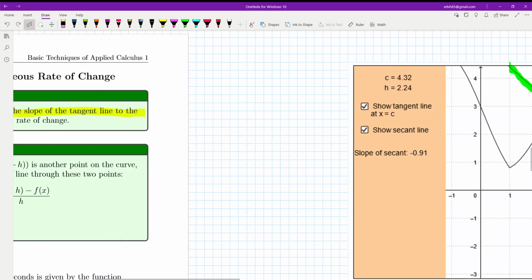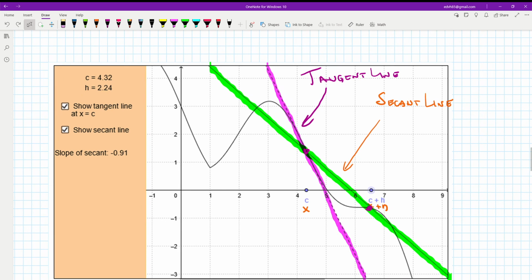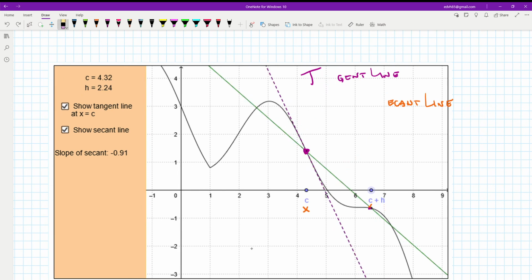By the way, the slope right here, let me erase all this just to show you how we are going to define that slope. So this is x, and this is x plus h. This point is f of x, so that's the y coordinate, and this point right here will contain f of x plus h.